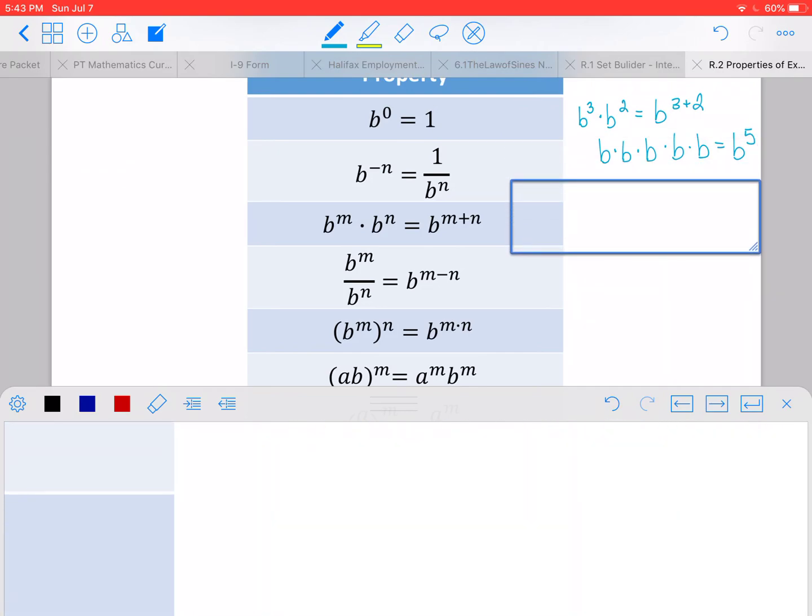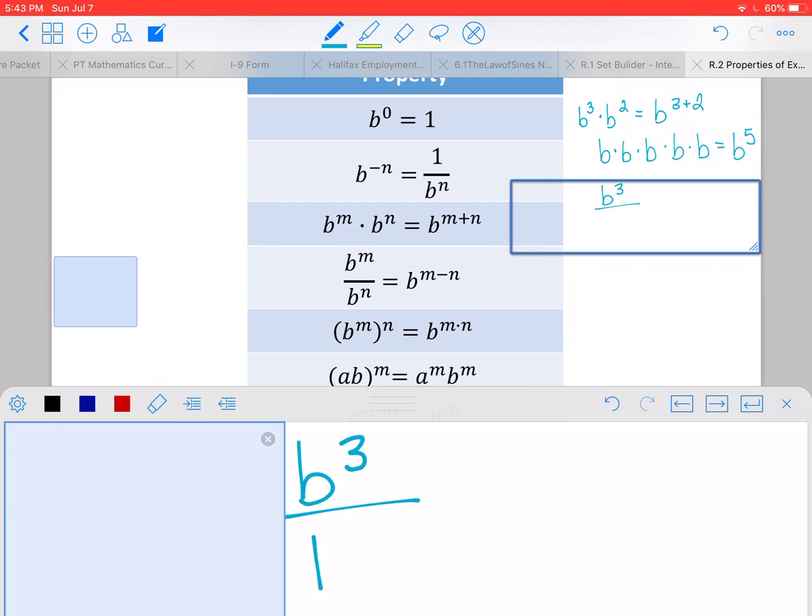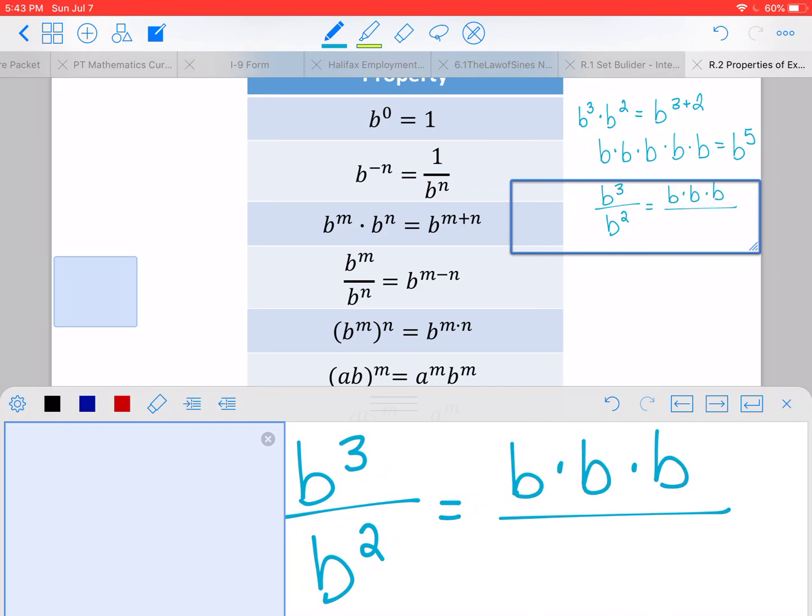With the fourth property, we've got b to the m divided by b to the n is b to the m minus n. Why is that? Well, let's say we have b to the 3rd over b squared. That's b times b times b over b times b. b over b is 1, so they cancel out.